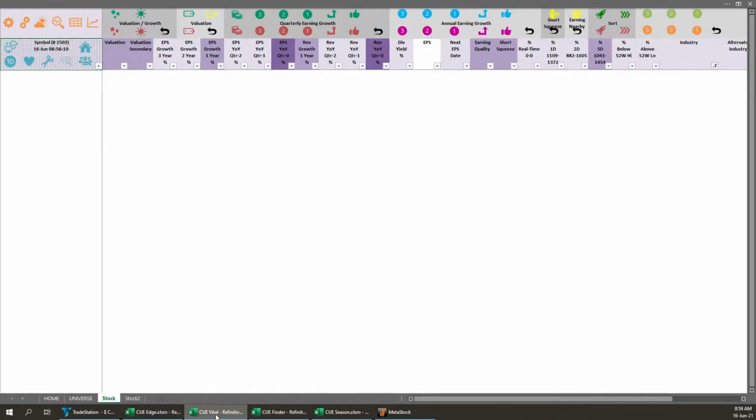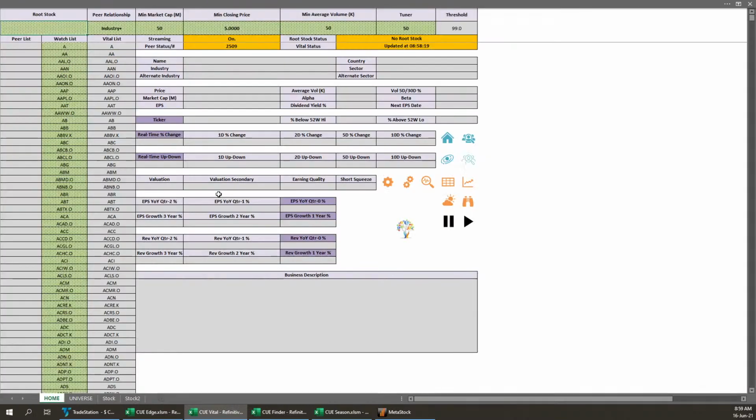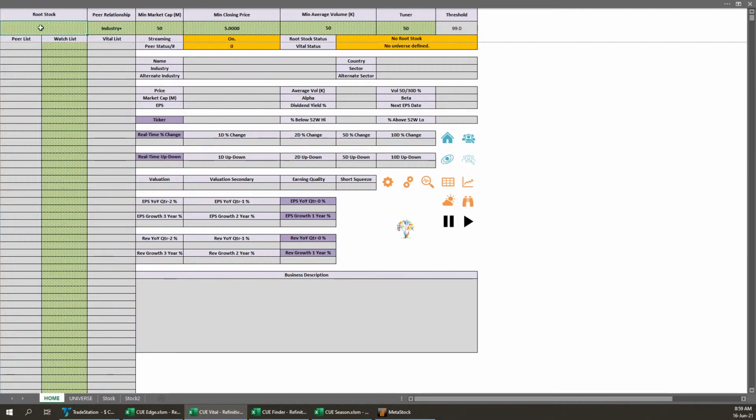And let me show one more last thing. Let's go to QVital. I mentioned that the performance has improved when we look up the scorecard of a stock here. That is because I am now doing more parallel processing. So let's look at one of those stocks. Let's look at PUMP.